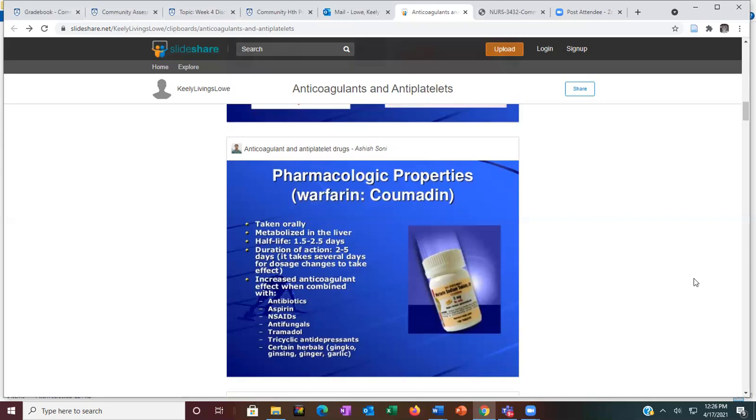Aspirin has the property of an antiplatelet that interferes with the blood's ability to clot. A different clotting cascade and factor than warfarin, but it still interferes with that. So if patients are taking aspirin or NSAIDs, NSAID has a very short period of time where it interferes with platelets.